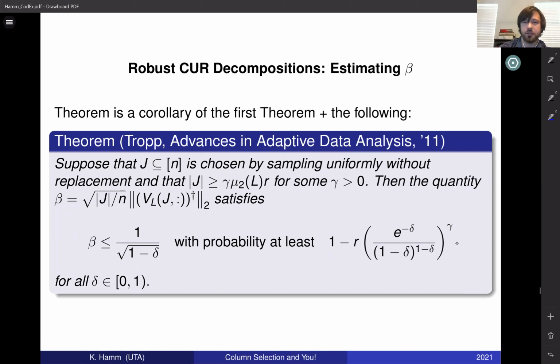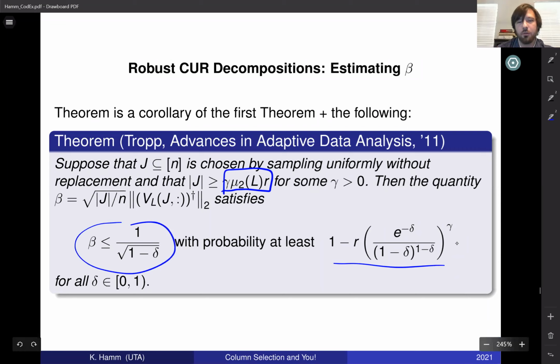It's just a slightly different conclusion. Basically, for incoherent matrices, there's this sampling factor here, and gamma is some quantity that I can play with, and I'm modifying his statement to have beta, but beta is bounded by this with this probability for all delta.